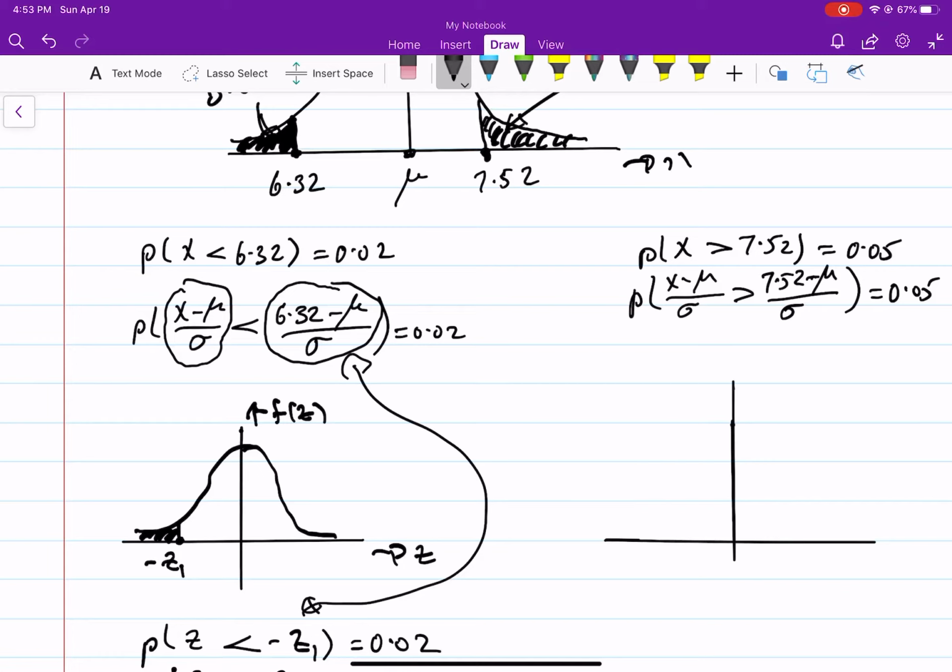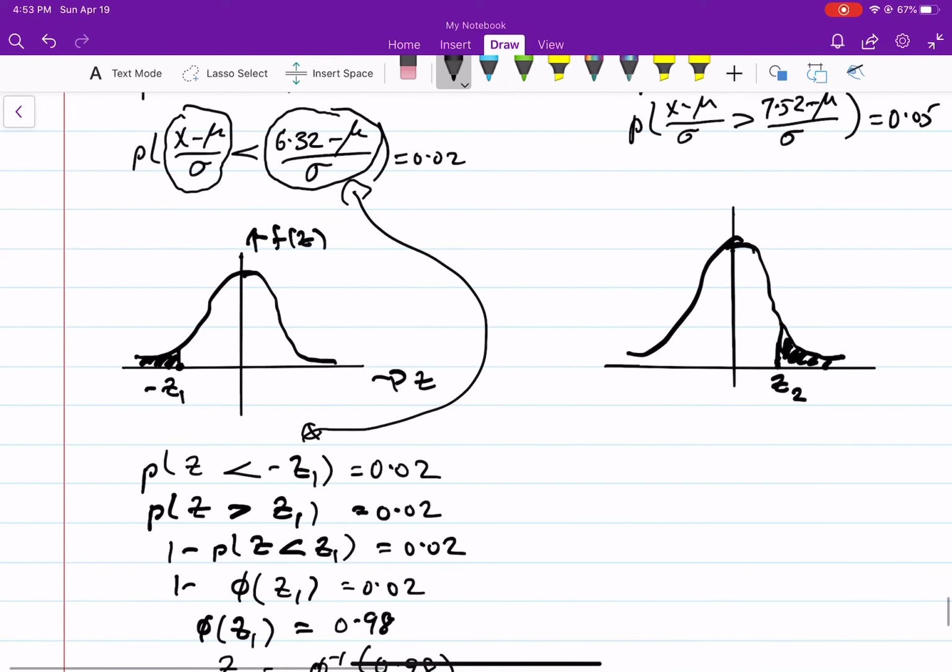All right, you're shading greater than. The only way you can get greater than with such a small probability is if you have a positive value, I'll call this a Z2 value. So if you want to rewrite that expression, it'll look like the probability that Z is greater than a positive Z2 is equal to 0.05.